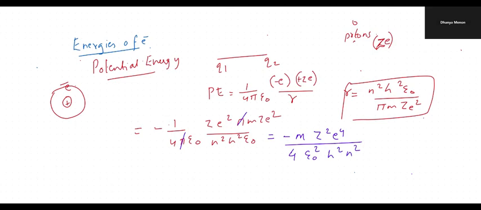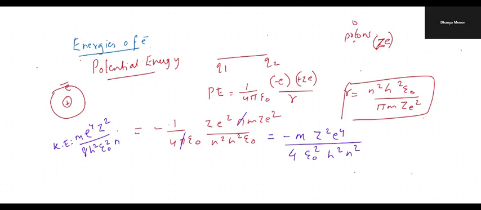Now, we also have an expression for kinetic energy that we derived a while ago. Don't worry about the long calculations, you will be given a shortcut formula. In case you forget, this is for that. We just derived the kinetic energy formula, m e raised to 4 Z square by 8 h square epsilon naught square n square.